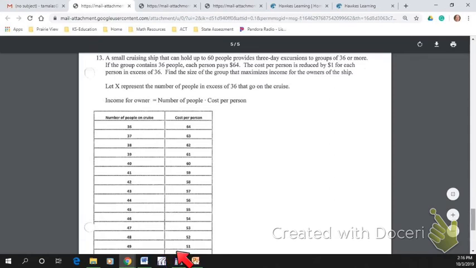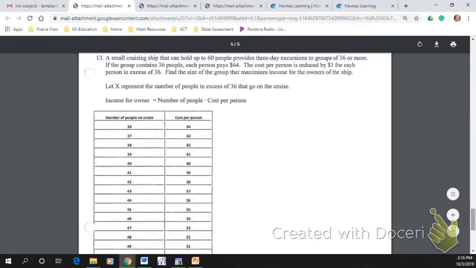The closer together the numbers are, the higher your maximum should be, right? So we would assume that 50 is the correct number of people. That's the highest number of people with the highest cost, so it gives us maximum income, right?